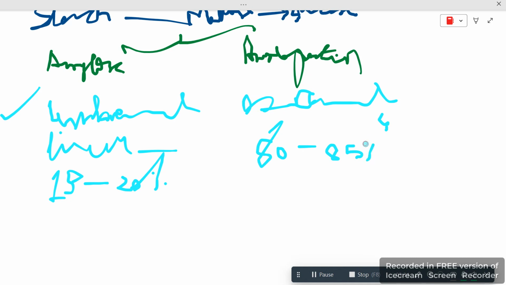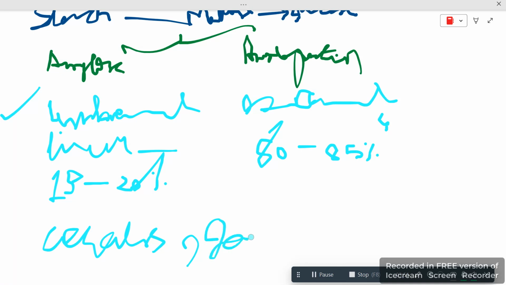Because we know the branched structure is a little more. Then the primary source of starch is cereals and grain, whatever you eat. This is basic, no matter whether it's present as amylose or amylopectin.